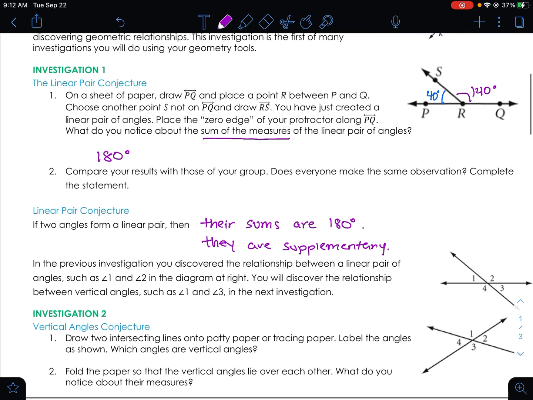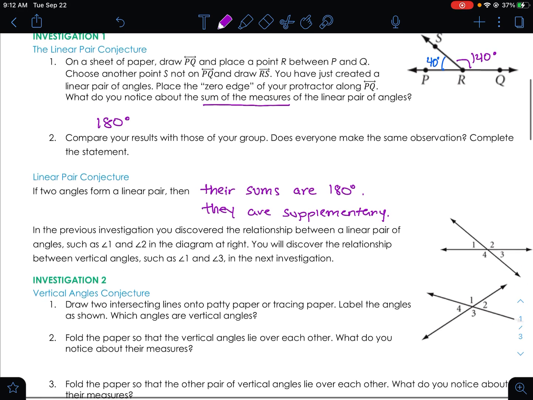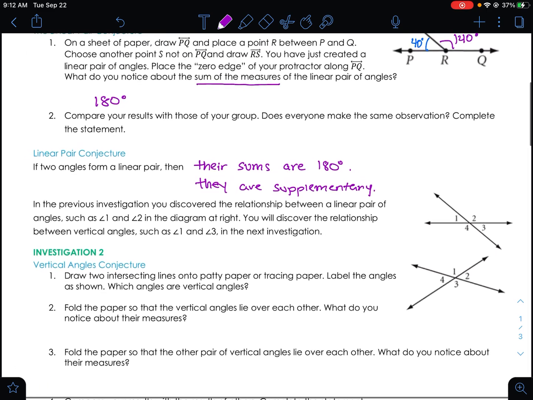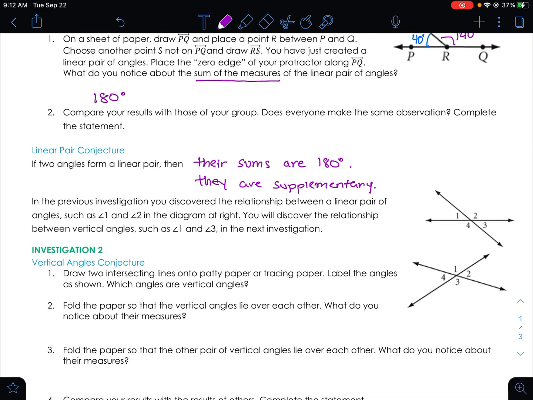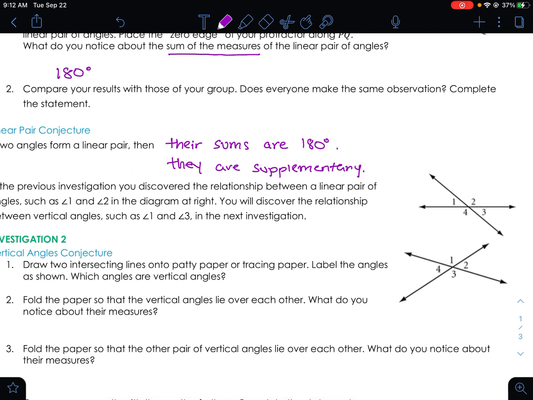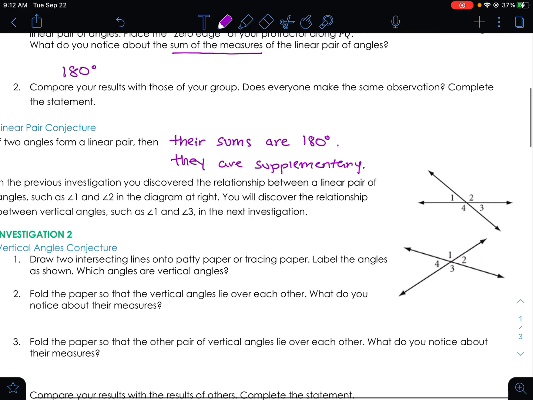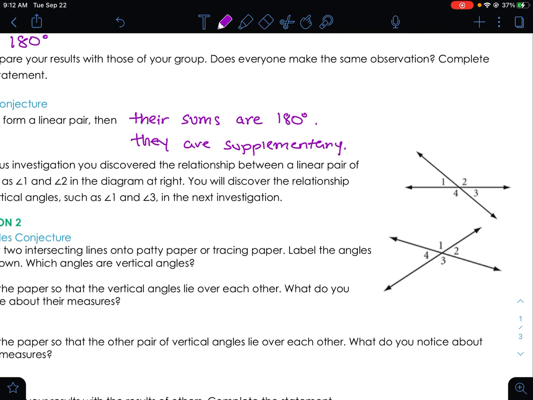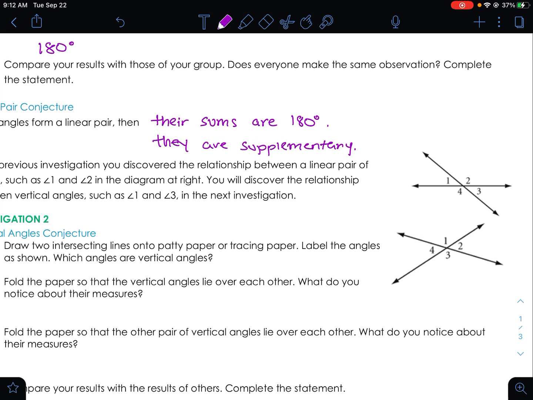Okay, so now we're going to take a look at a relationship between vertical angles, and some of us may have known this already. What I want you to do is draw two intersecting lines, and since we are doing this in a video, we're not necessarily going to do this all the way through. But if you look at these two pictures that we have drawn over here, I want you to label which ones are vertical angles.